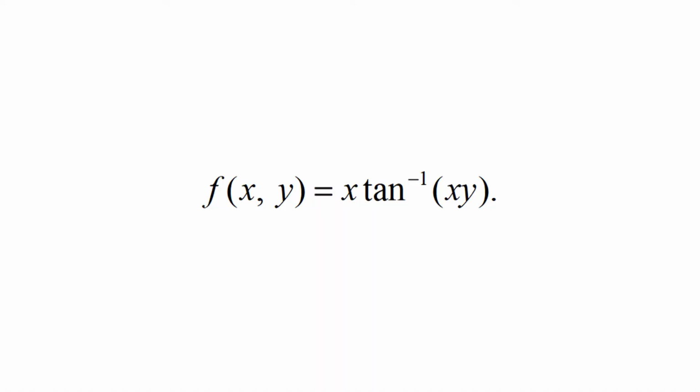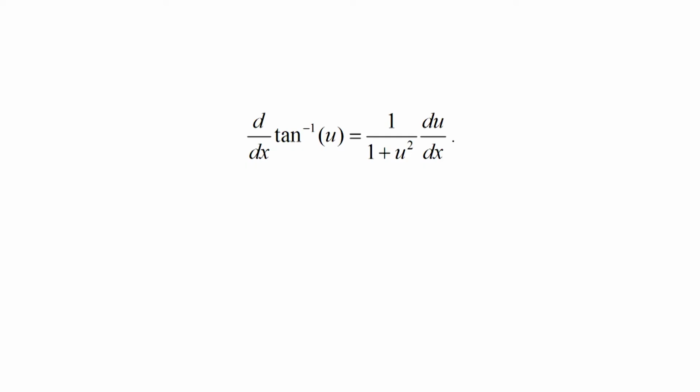As another example, we find the first order partial derivatives of f when f(x, y) is equal to x times tan inverse of xy. We recall that d/dx of tan inverse of u is equal to 1 upon 1 plus u square times du/dx, where u is a function of x.